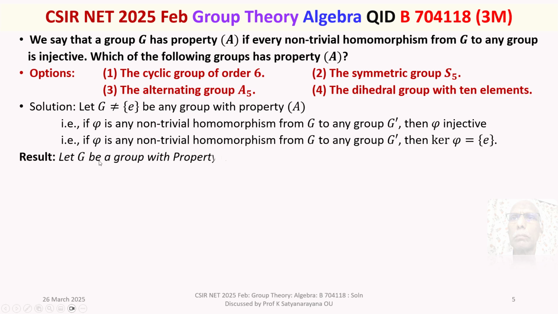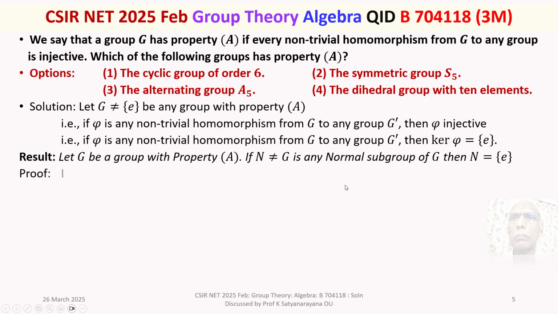Result: let G be a group with property A. If N not equal to G is any normal subgroup of G, a normal subgroup which is not the whole of G, and G satisfies property A, then N must be the singleton E.